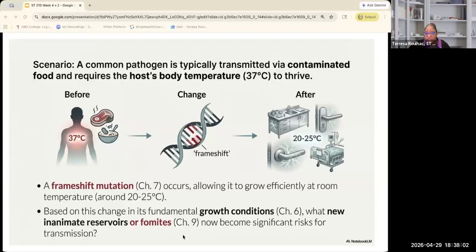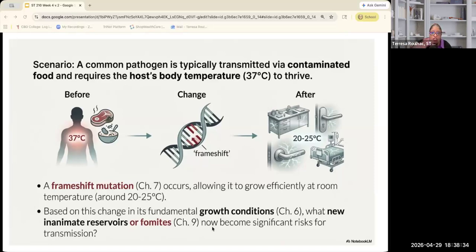If you were still thinking of this pathogen as foodborne only, what critical risks would you miss? I want you to be thinking about that because that's how assumptions cause exposure. I don't know if you remember that movie with Gwyneth Paltrow and Mark Wahlberg, Contagion? Was that the one where after the whole movie you found out it was from contaminated meat and the chef shook one person's hand and it spread globally, right?